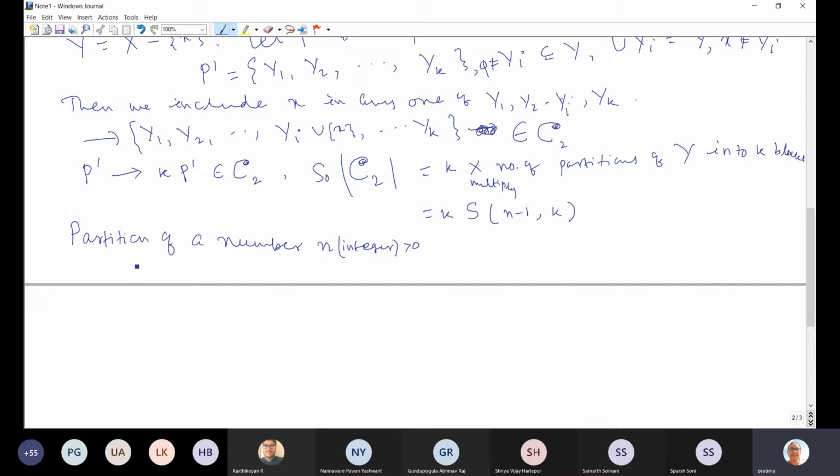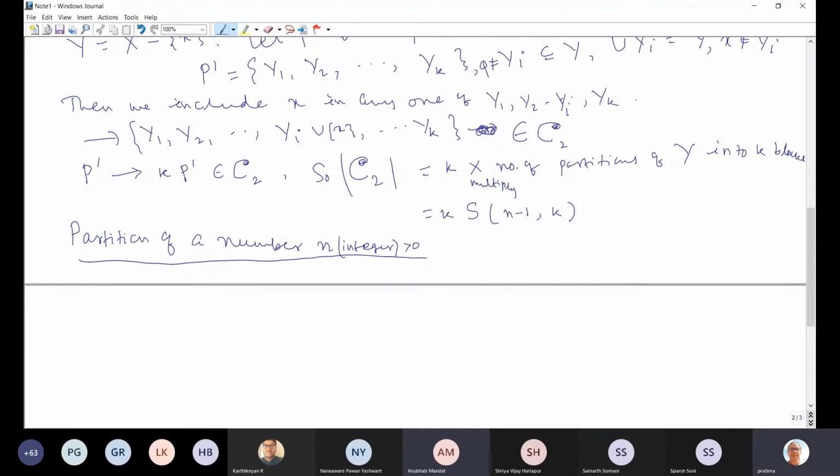Excuse me, ma'am. Is this only for positive integers, or are we considering just a special case of positive integers? No, for all positive integers. Partition of any positive integer. Ma'am, for negative integers, can we define the partitions like this, or does it only hold true for positive integers?